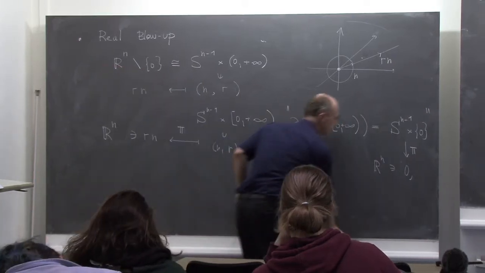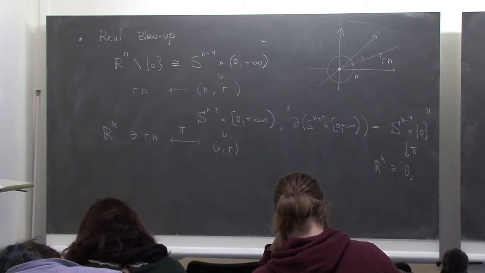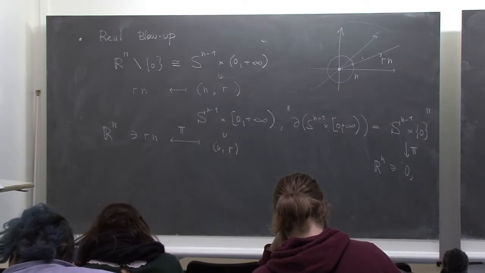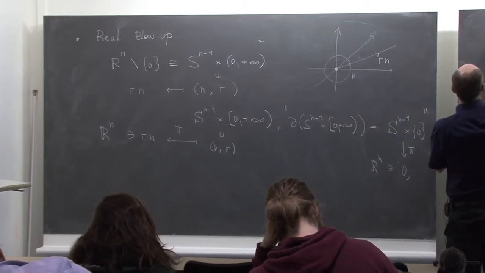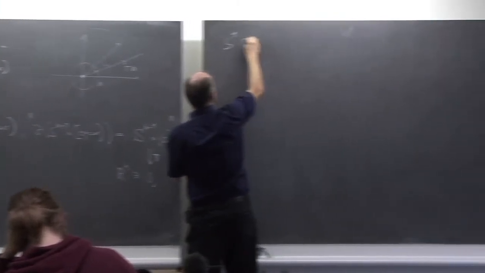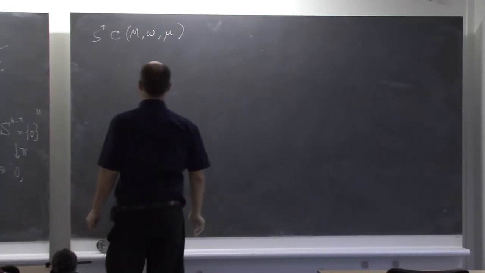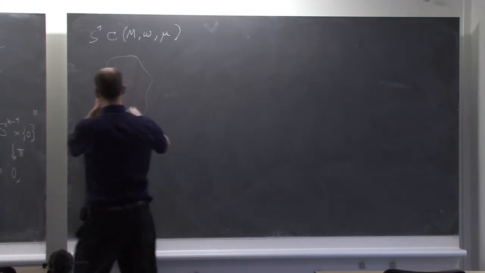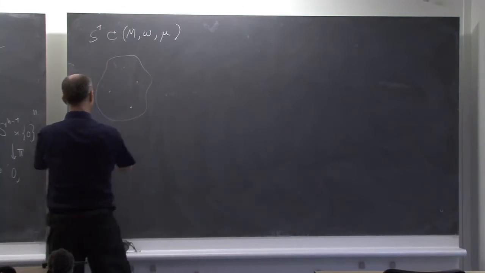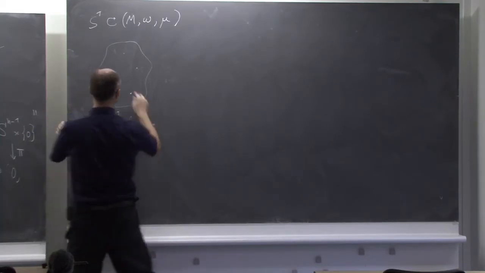So now let's think of our S1 Hamiltonian space. We know that the fixed point set M^S1 is a finite set of points.